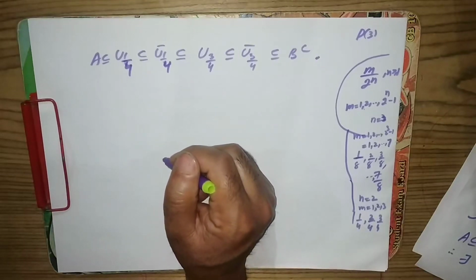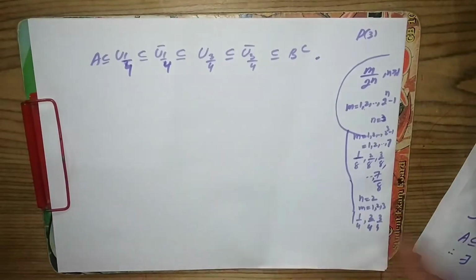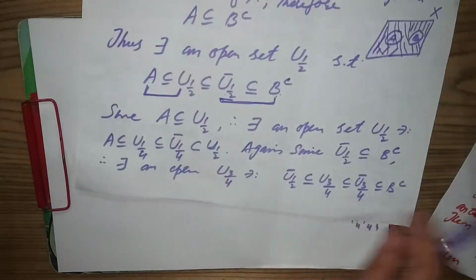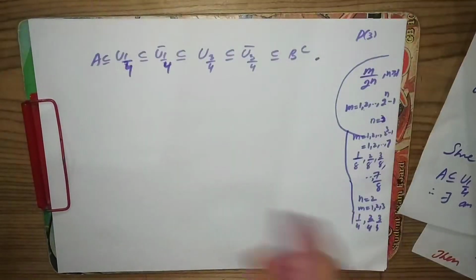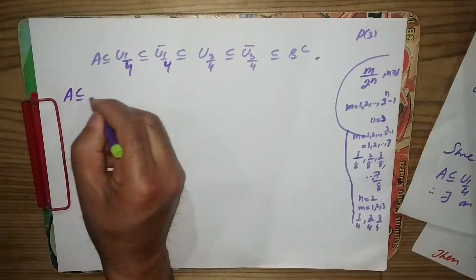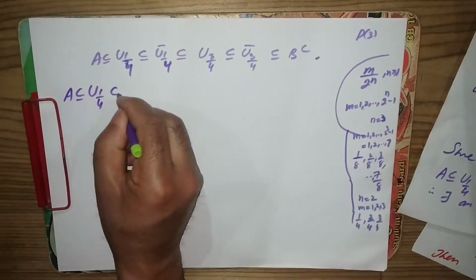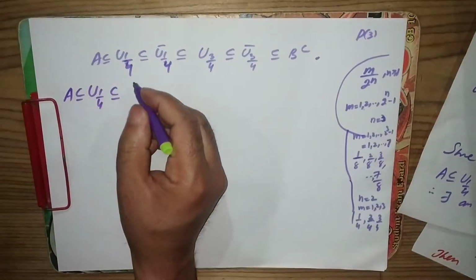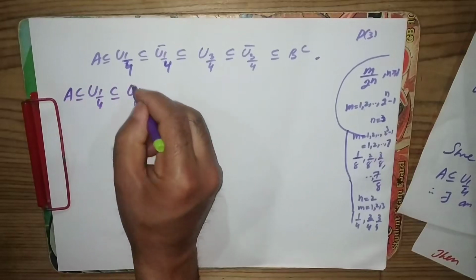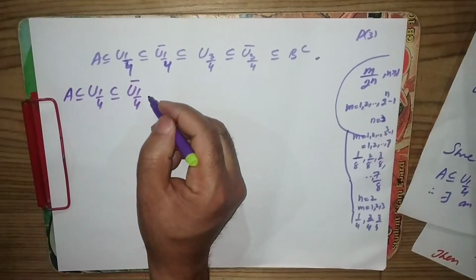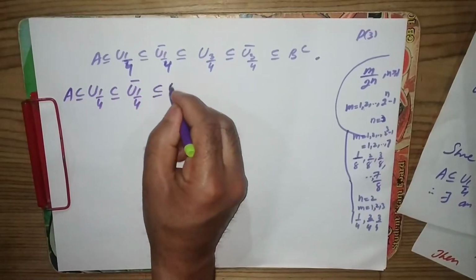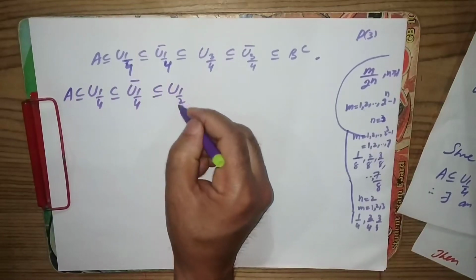Or if you want to insert these sets here, I can write A as a subset of U1/4, subset of the closure of U1/4, which is a subset of U1/2, it's actually 2 by 4.